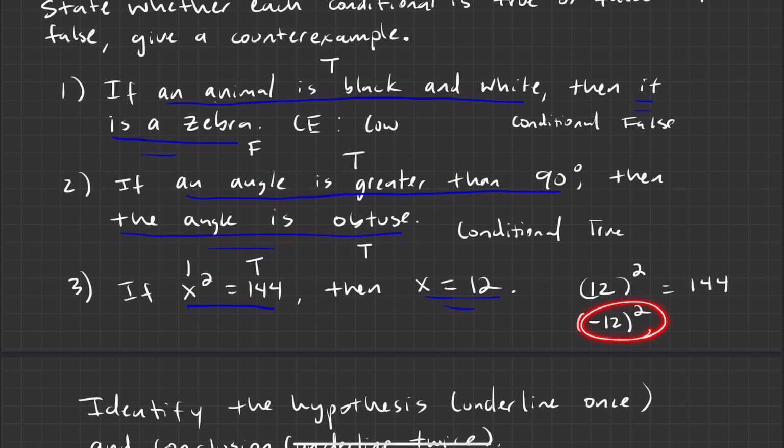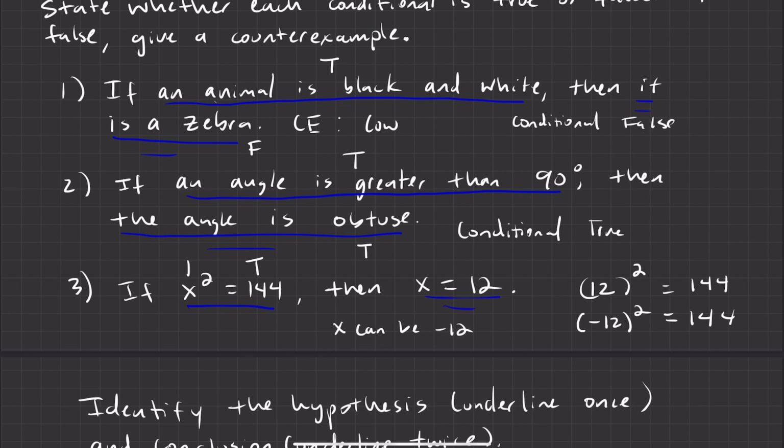And over here, since I have these parentheses and it's raised to the second power, I am talking about this whole thing, negative 12 itself, being squared. Negative 12, the quantity squared, is negative 12 times negative 12, and a negative times a negative is a positive, so x can be negative 12.